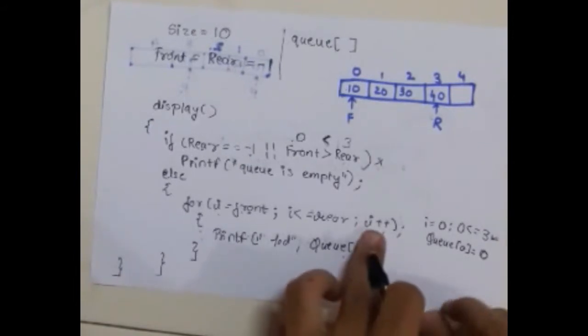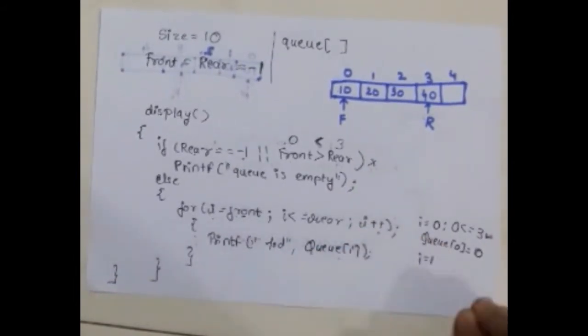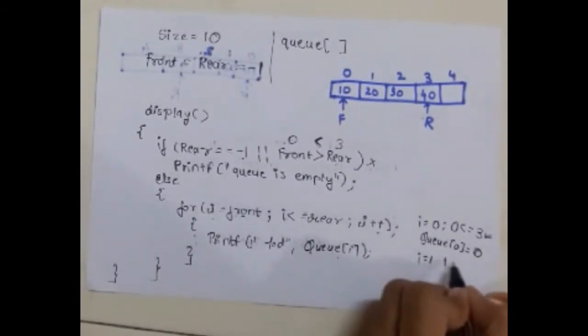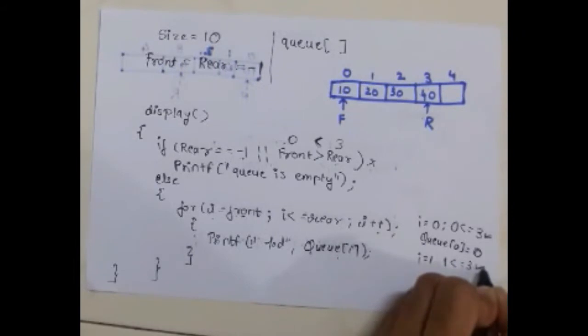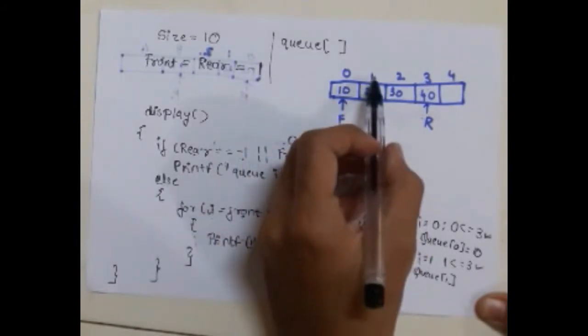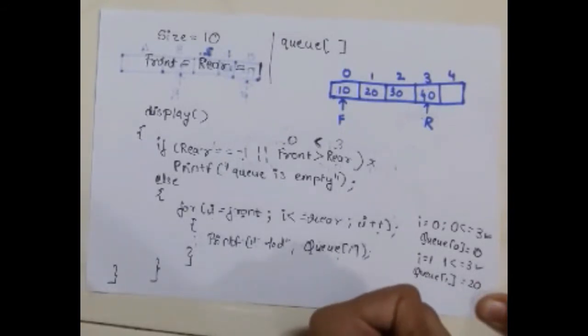Now I plus plus, so value of I will be 1. So I equals to 1. 1 is less than equals to 3. Yes. Condition satisfied. So Q of 1 will be printed. At 1 position 20 is present. So Q of 1 equals to 20. So 20 will be displayed.